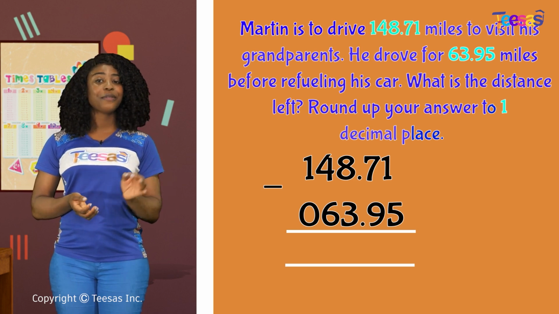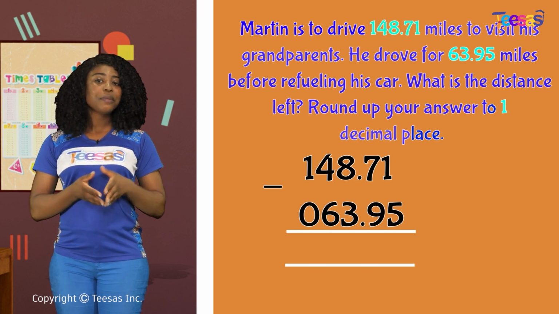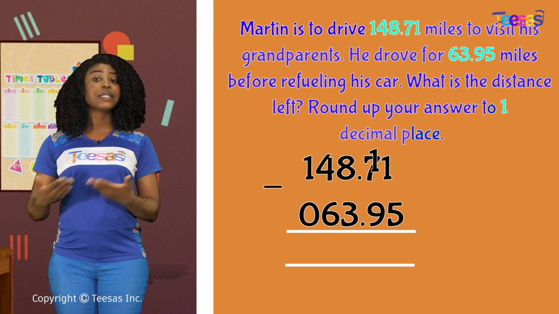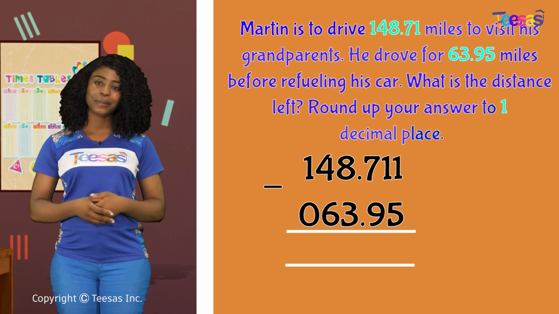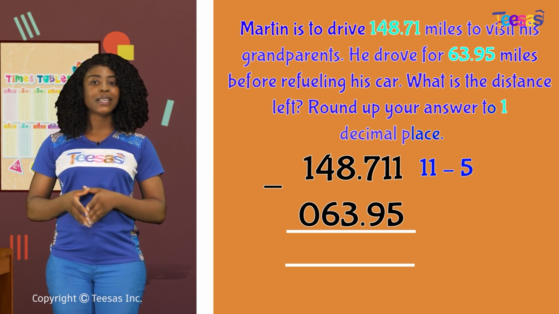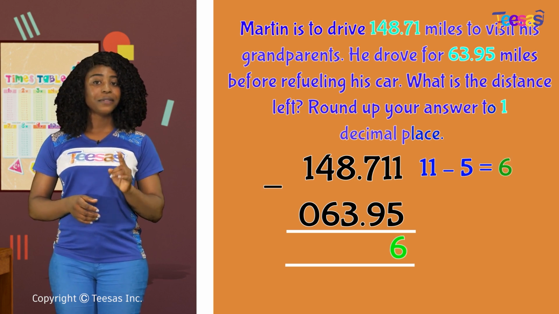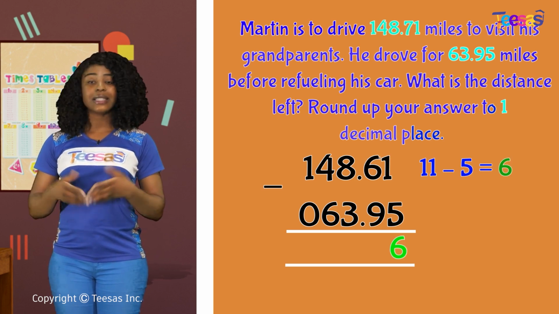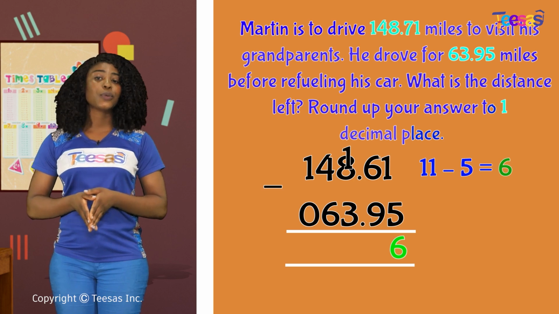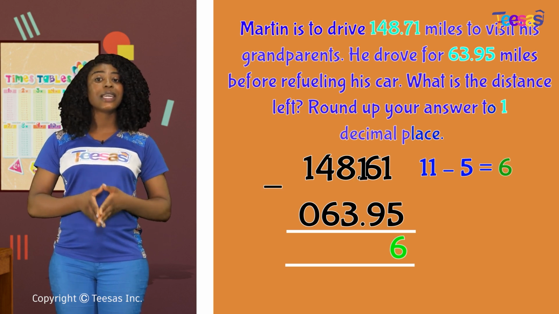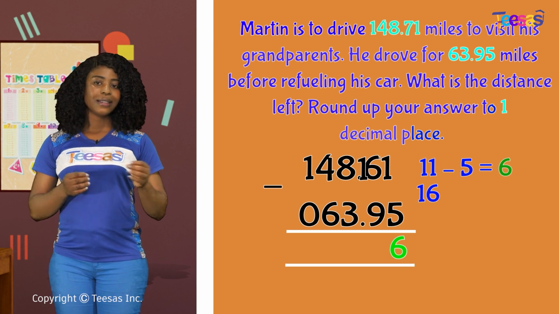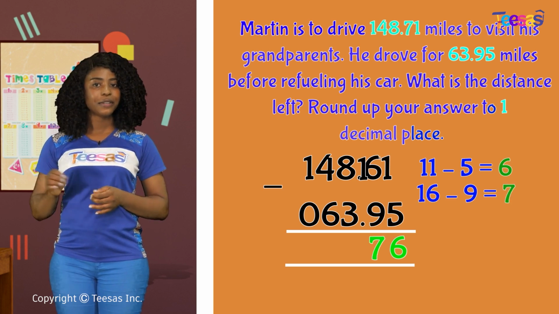We can't take away 5 from 1, so we make 1 larger by borrowing from 7 to make it 11. 11 minus 5 is 6. 7 is reduced to 6 and cannot subtract 9, so we borrow 1 from 8 to make it 16. 16 minus 9 is 7.